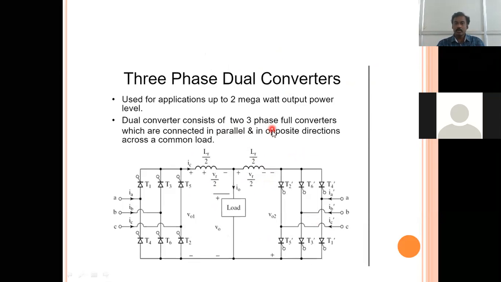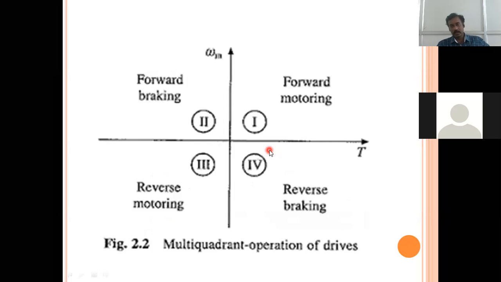So this dual converter is a combination of two three-phase full converters connected in opposite direction, or anti-parallel. This one operates for two quadrants, and this one operates for the other two quadrants. That means forward motoring and braking.